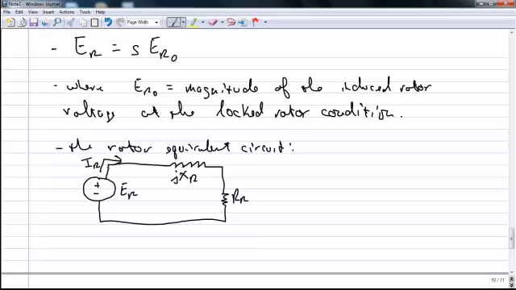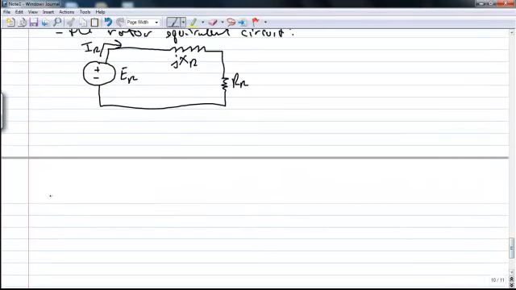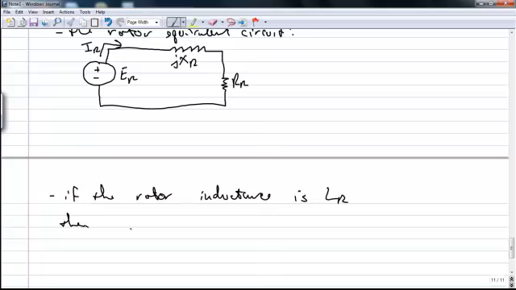If we consider that the rotor inductance is L sub r, then x sub r would be equal to omega r L sub r, or 2 pi f sub r L sub r.